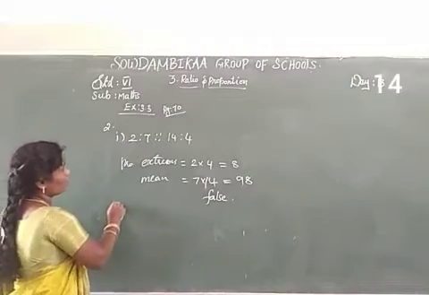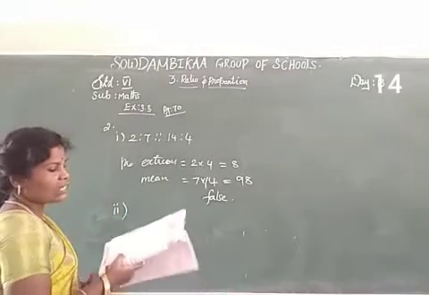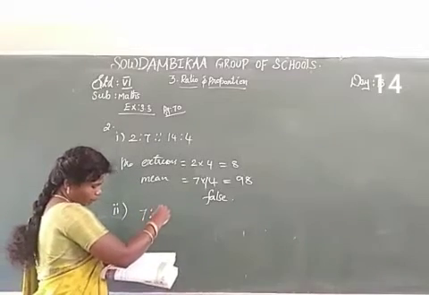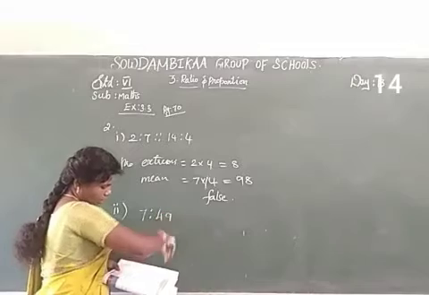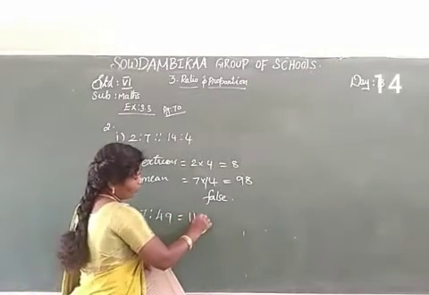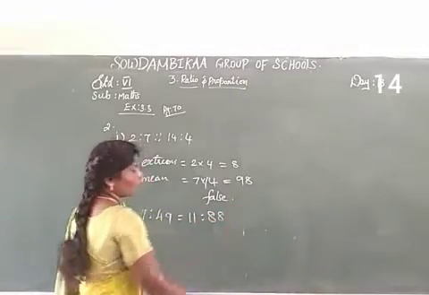The second one: 7 persons is to 49 persons equals 11 kg is to 88.